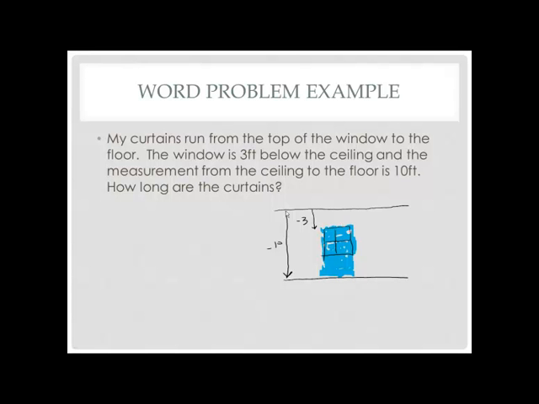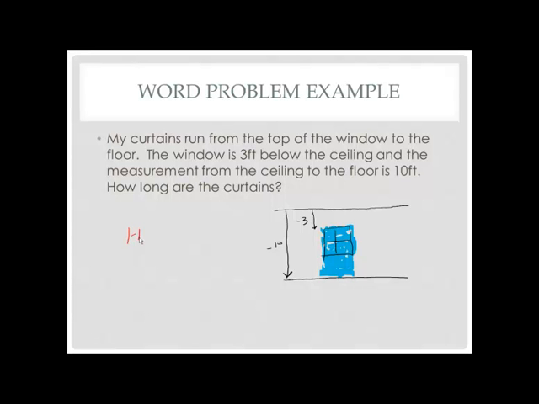Well, it doesn't matter what angle I'm looking at this from. I'm just trying to figure out how long the curtains are. So as you can see, we clearly have to take the difference to figure out how long the curtains are. But the difference you take is going to be the difference of the absolute values of the numbers, because we want just a regular length of the curtains.